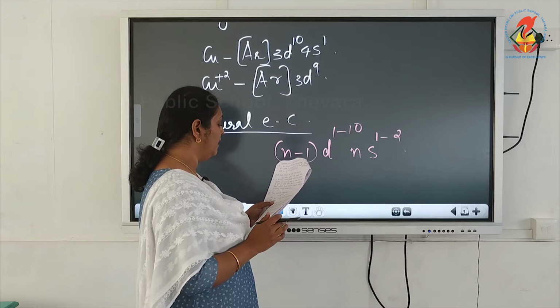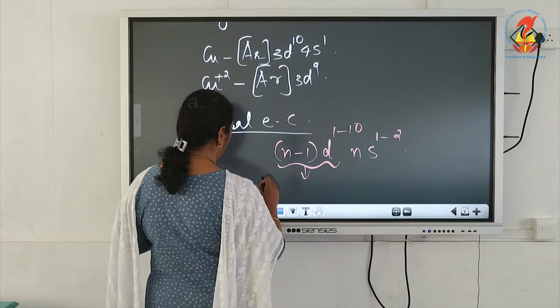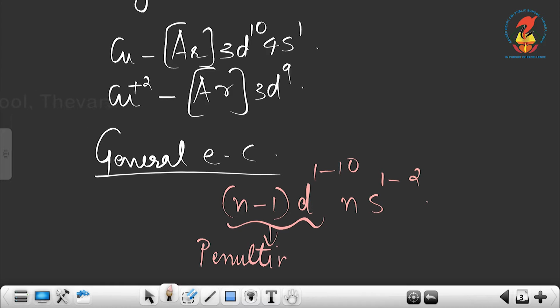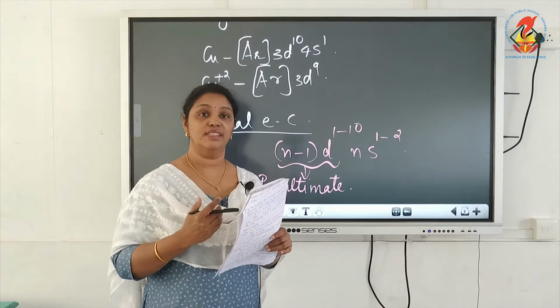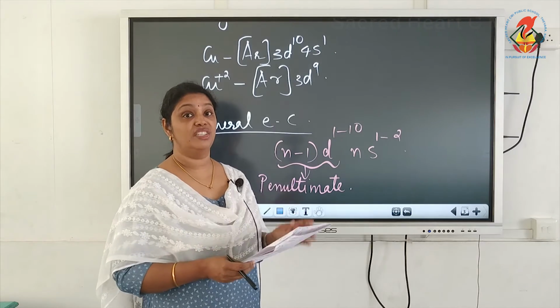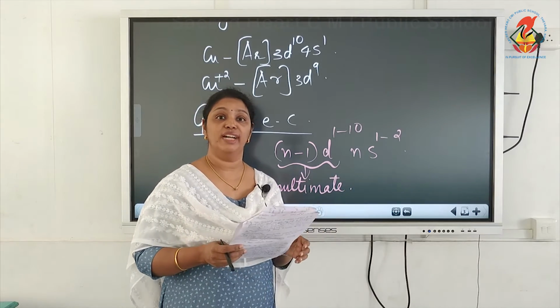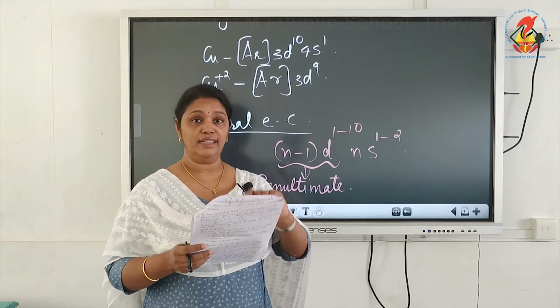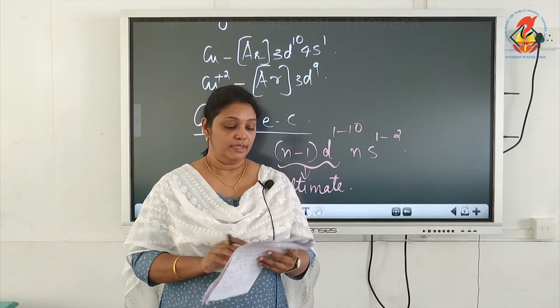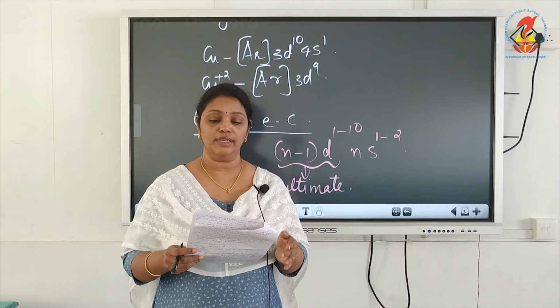Okay, so (n-1)d is the penultimate shell. So the last electron in d block elements enters into the penultimate orbital, which is (n-1)d. So the general electronic configuration of a d block element is (n-1)d 1 to 10 ns 1 or 2. Okay. Now these are the general properties of d block elements.